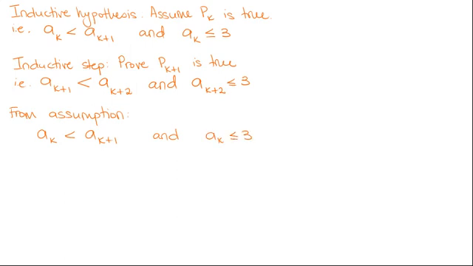Now, because I want what's on the left side of this inequality to be a_(k+1), and currently I have a_k, I need to see the connection. I need to look at the definition of the sequence to see the connection between a_k and a_(k+1). Let's look.